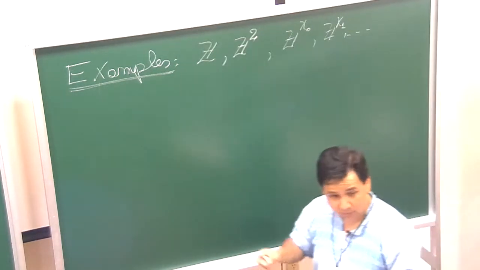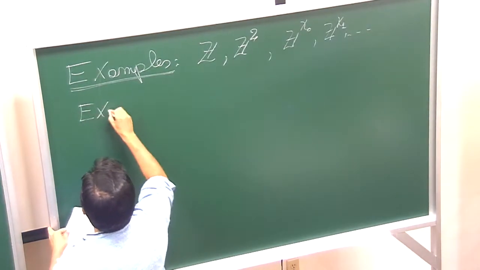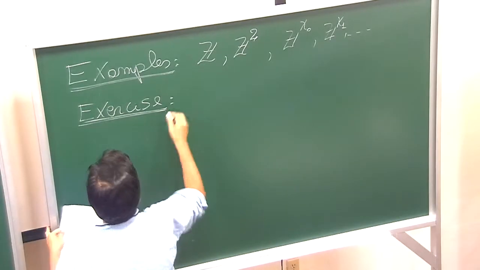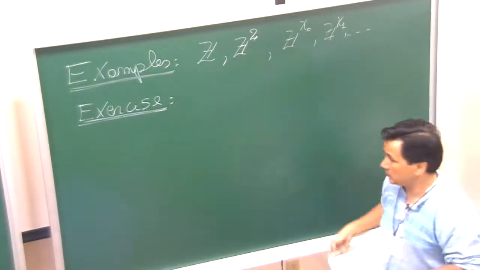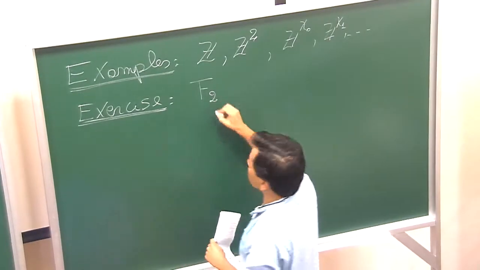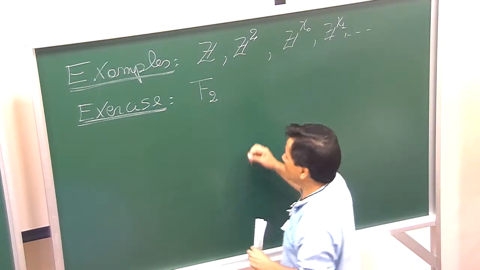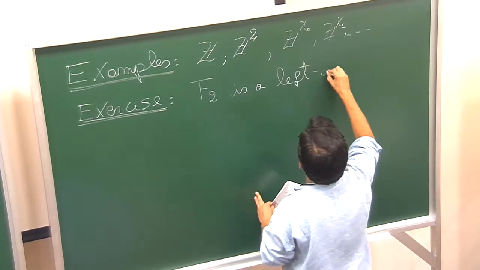So I will give you an exercise. By the end of this course, this will be, I hope, evident. But if you present the thing this way, I think this is not evident. So if you take the free group on two generators, this is an orderable group. Okay? This is a left orderable group.